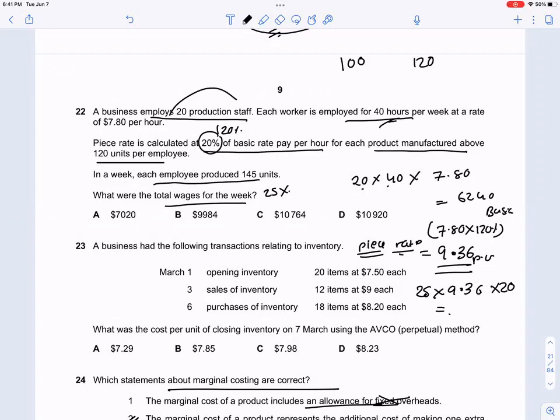So we are going to give 4680. This is extra for the piece rate. So the basic pay of everyone was how much? 6240. And for those extra pieces that they made, it is 4680. So what is the total wages? 10,920. Please go through this and tell me.